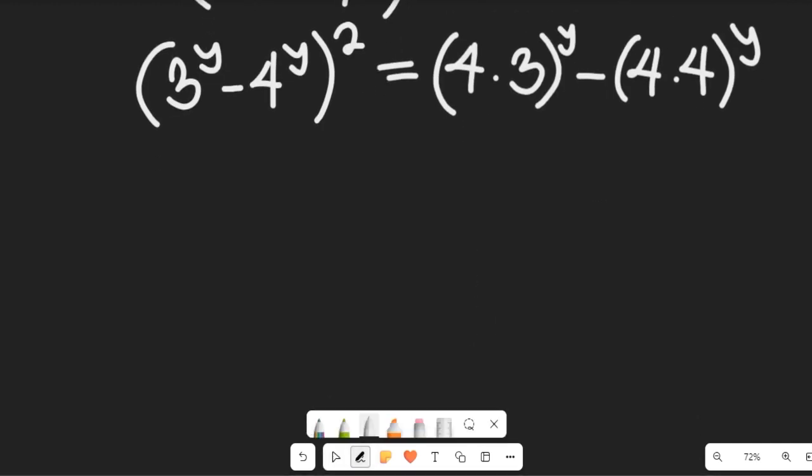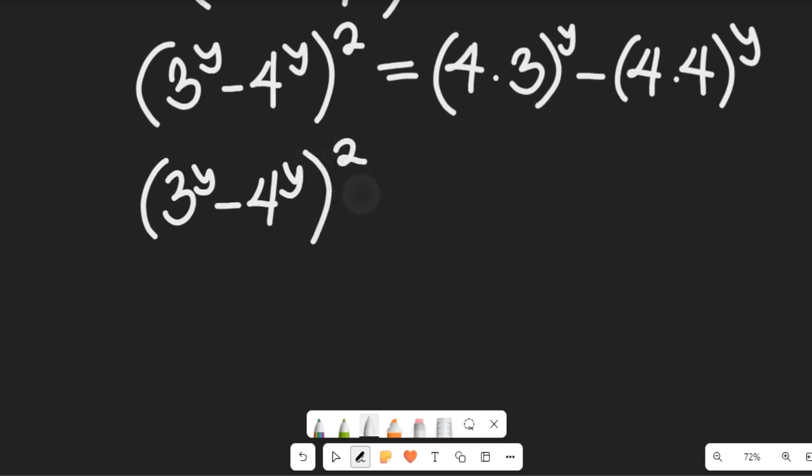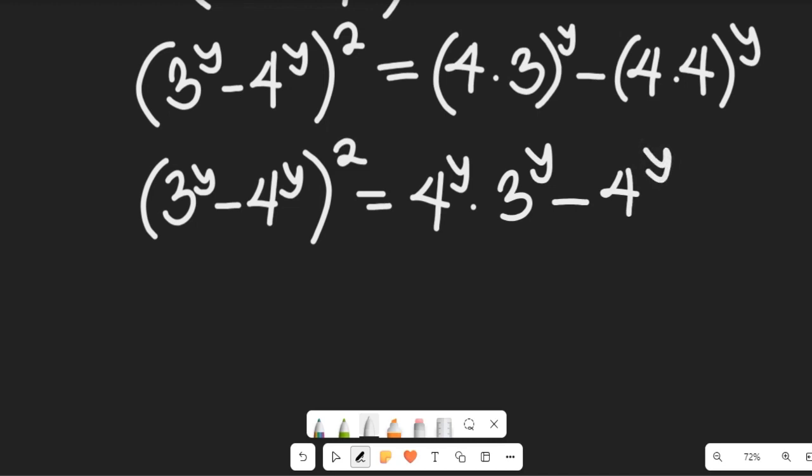According to the law of indices, we can expand this. And so this will give us 3 to the power of y minus 4 to the power of y all squared, and this will be equal to 4 to the power of y multiplied by 3 to the power of y minus 4 to the power of y, multiplied by 4 to the power of y.